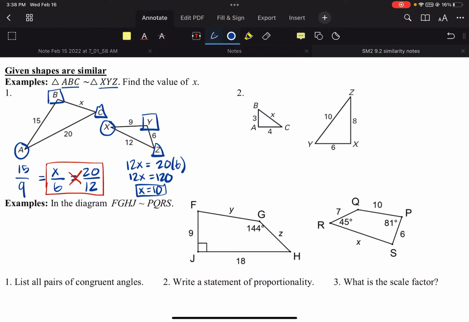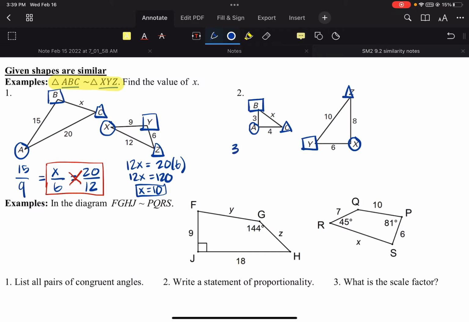Let's go ahead first and make sure that we know what's corresponding to what. A corresponds with X, and again, I'm using the similarity statement given to us in the instructions. B corresponds to Y, and C corresponds to Z. Let's write a statement of proportionality here.